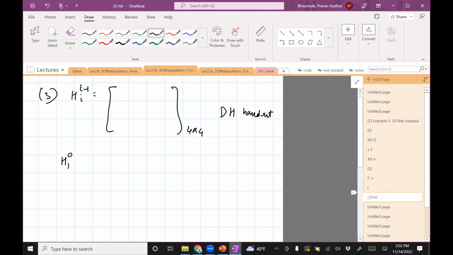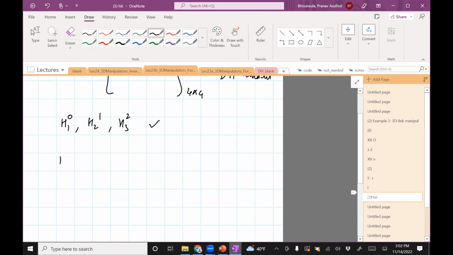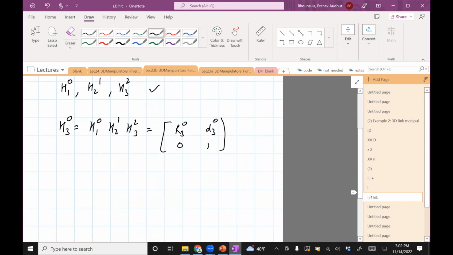We'll compute H10, H21, H32. That's easy to get once you have a symbolic toolbox. H30 is H10 times H21 times H32, which will be R30. Okay, and then once you get this, this is the orientation. This is the position.